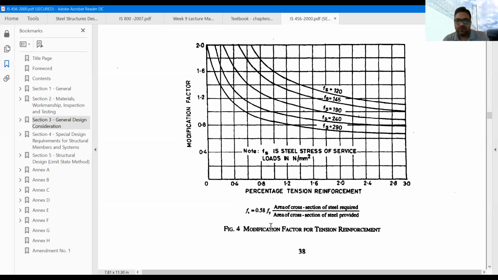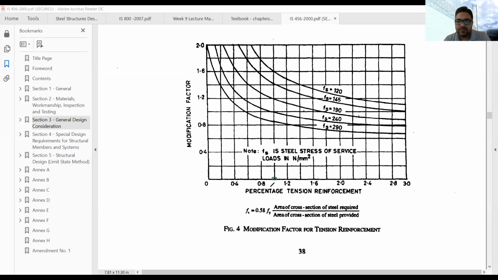This is figure 4 to calculate the value of MF1. For MF1, we require the fs value and the percentage of tension reinforcement. The percentage of tension reinforcement we have calculated earlier is 1.09%. So 1.09 will lie here.